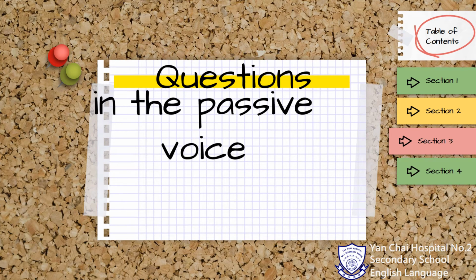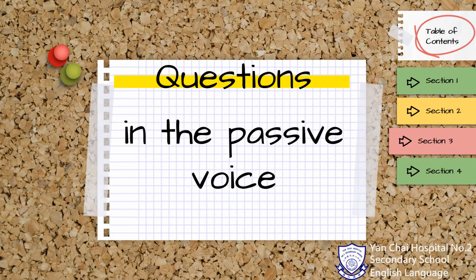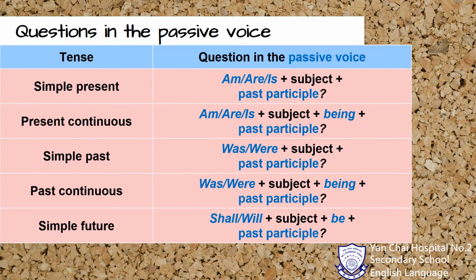So what about questions in the passive voice? For example, for the simple present tense, the question in the passive voice will be am or are or is plus the subject plus the past participle. But for present continuous tense, it's similar. It's am or are or is plus subject plus being plus past participle.